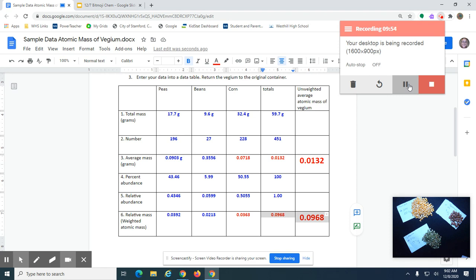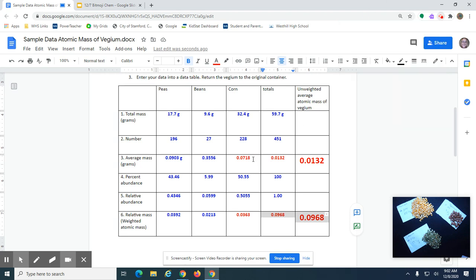And you can see the red highlighted numbers. I made a mistake. So first mistake. 32.4 divided by 228 is not 0.0718. It is 0.1421. That's my first mistake.